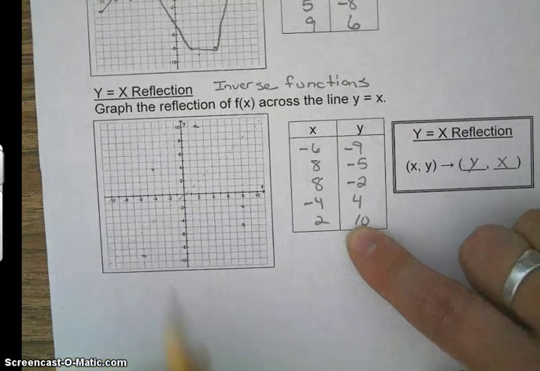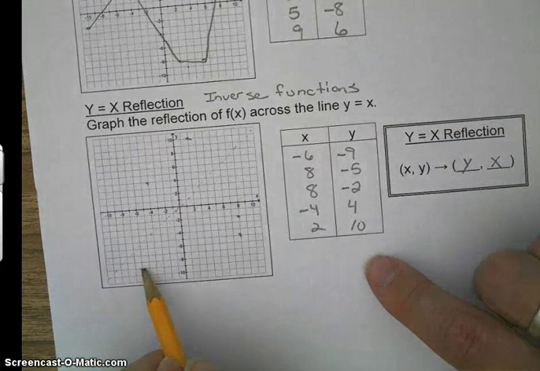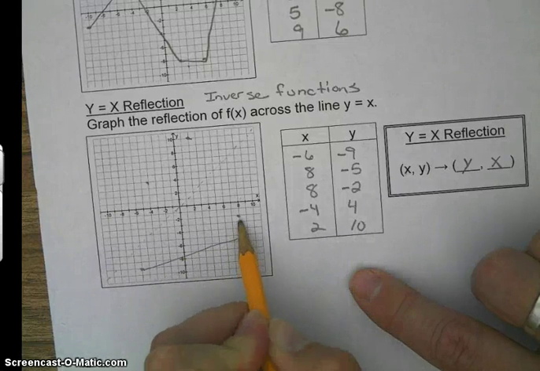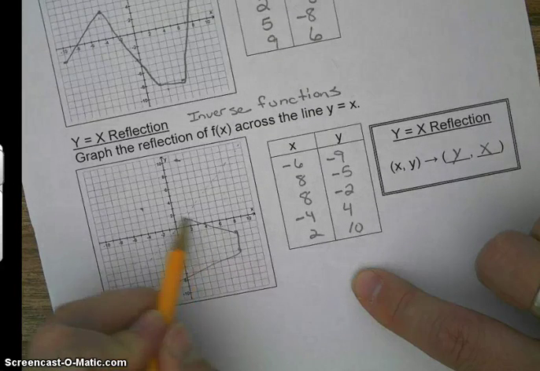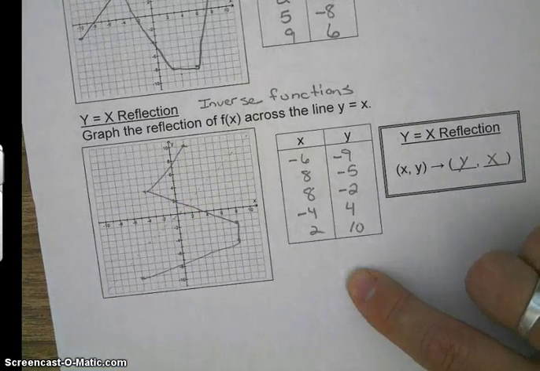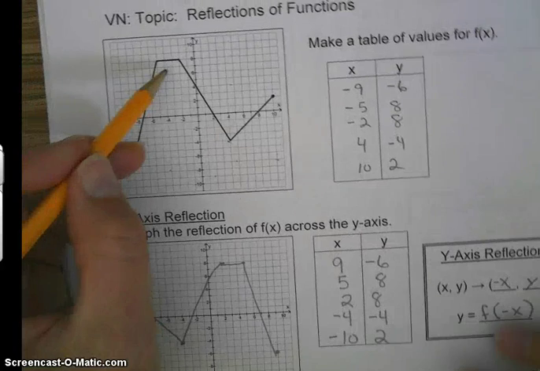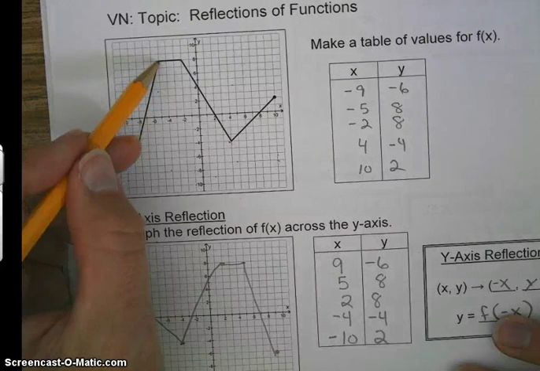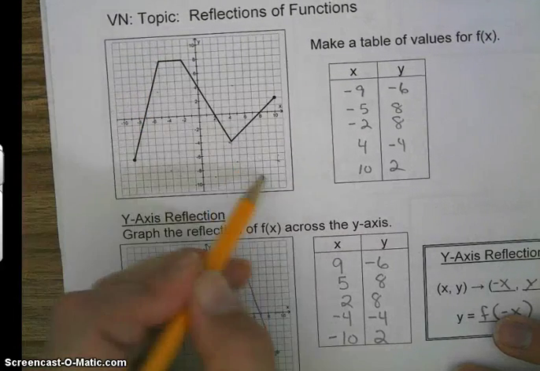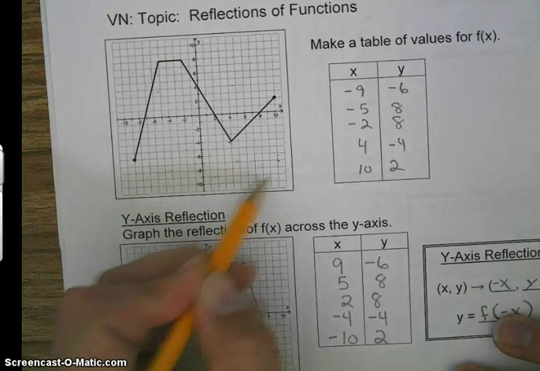All right. So notice how it turned our graph sideways, so to speak. So notice on our original, okay, the coordinates changed, so it went from up here in the second quadrant to down here in the fourth quadrant.